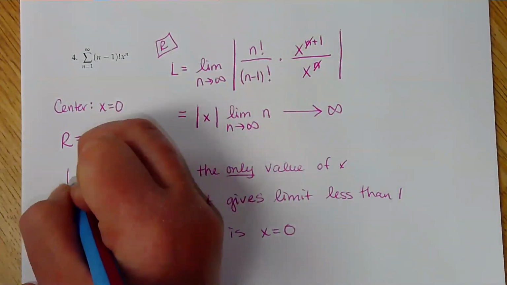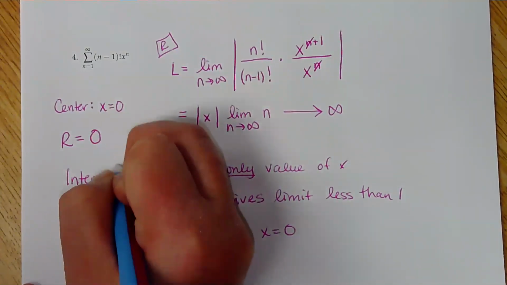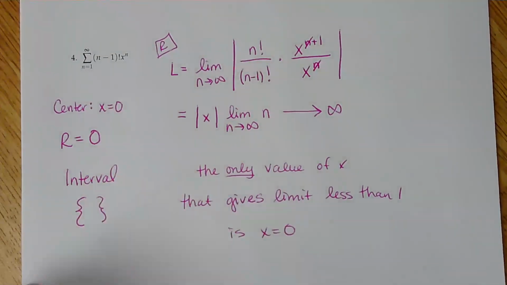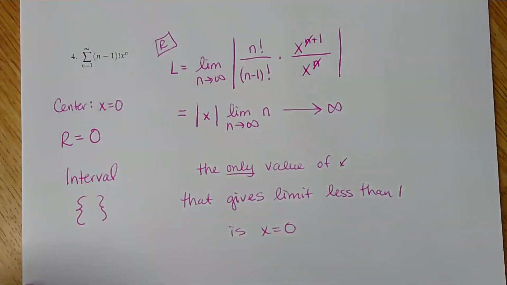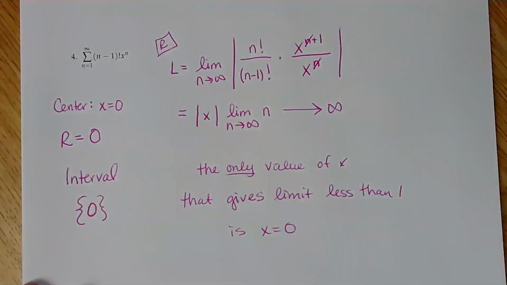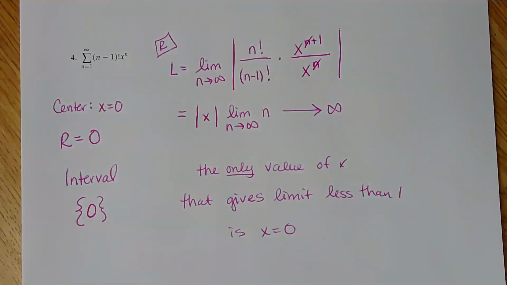The way that I write this interval, you may not have seen this notation before, but I use these curly brackets and I put the number that I want to use in there. So in this case, my center is 0, so I would put a 0 in there. This is the number that it's going to converge for. If my center had been x equals 5, then I would put a 5 in here.